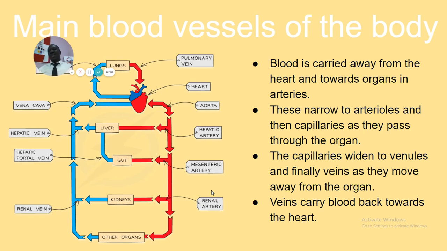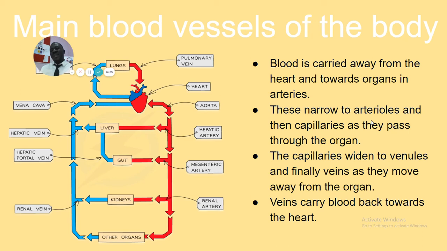So an artery divides into a subdivision known as the arteriole. As you see the word here, arteriole. So the arteriole narrows down to the capillaries. Capillaries are the ones which go and dig into body tissues and cells.